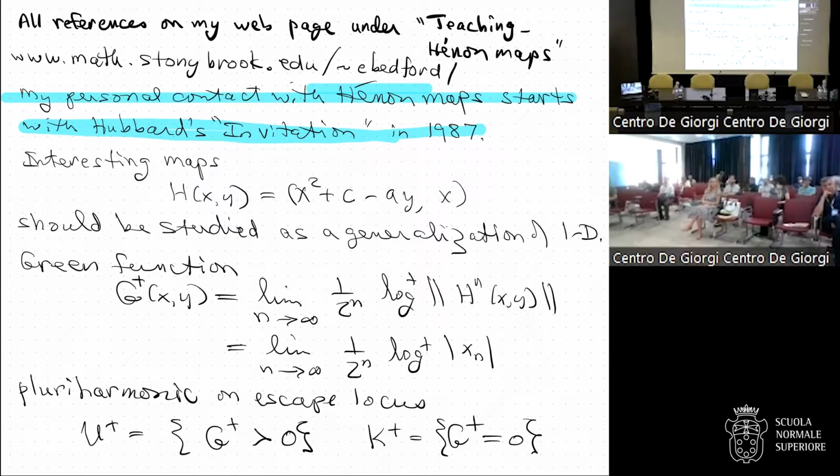Hubbard and Douady had had a great success in analyzing the one-dimensional maps, the quadratic family, z squared plus c. And Hubbard was very full of excitement and enthusiasm. He thought, well, you know, just add another variable. You've got two-dimensional mappings, and heck, I'll do the same thing, no problem.